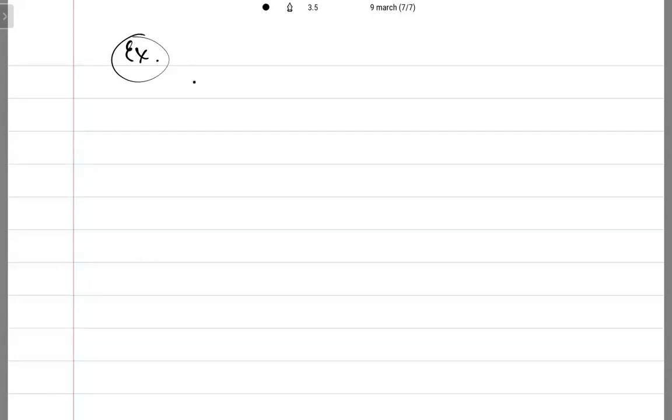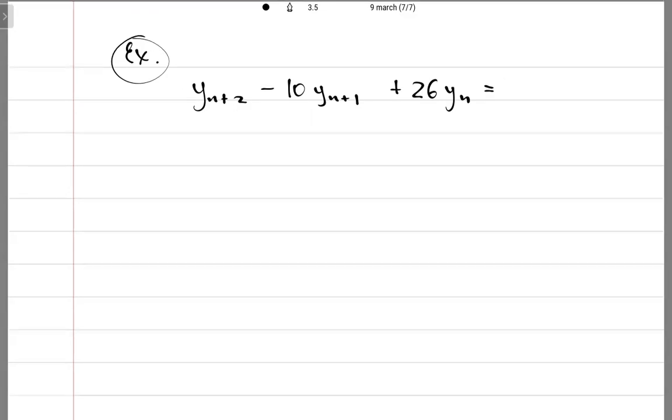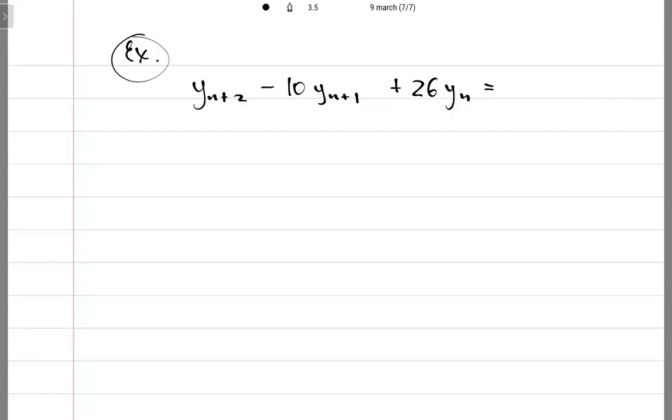Okay, we have y_{n+2} minus 10 y_{n+1} plus 26 y_n equals 34.